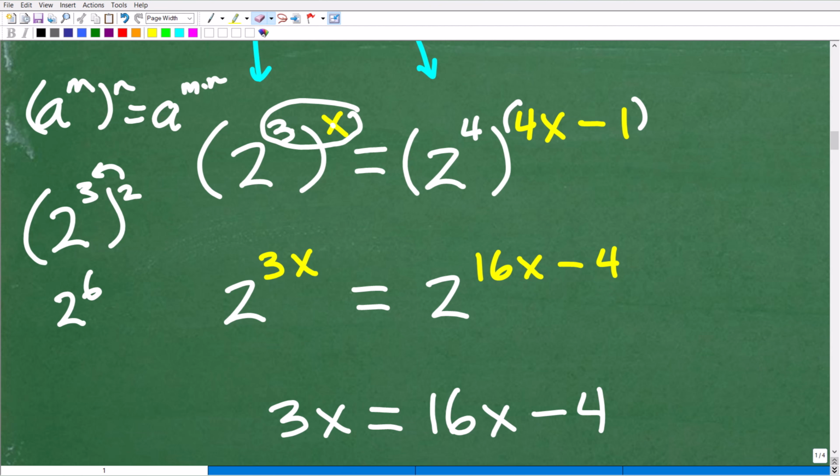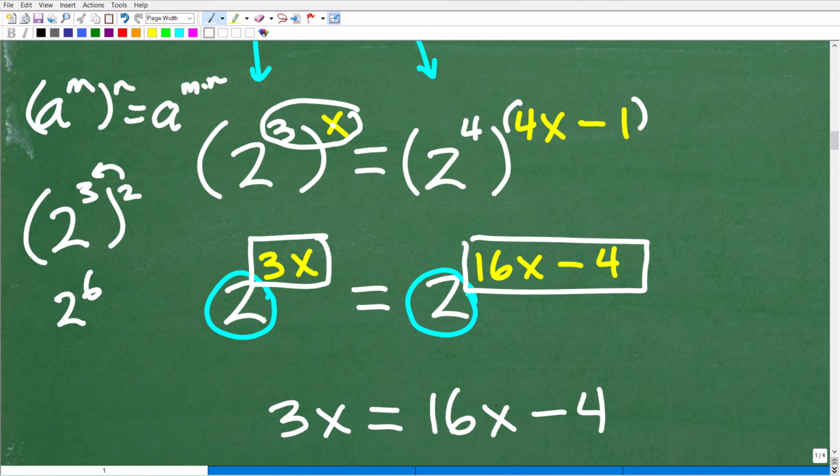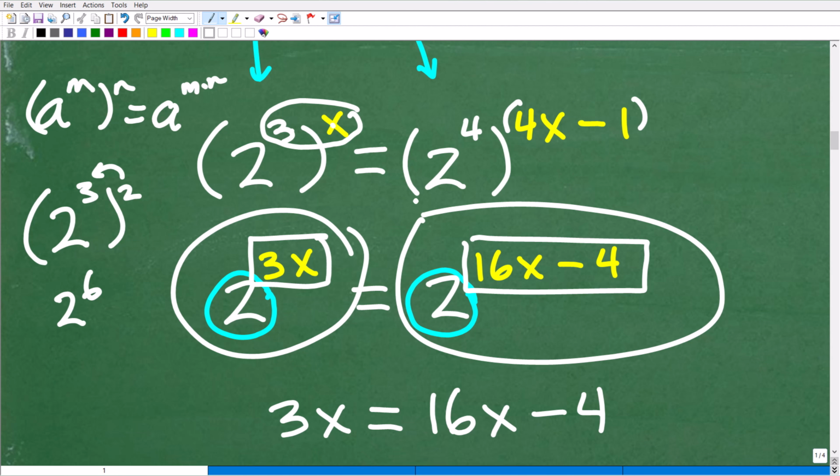Well, the key to unlocking this equation, solving this exponential equation, is if we can get the bases the same. Here they have the same base of 2, so we can equate the exponents. We have 2 to some power is equal to 2 to some other power. If they're equal to one another, in other words, the value of this is the same thing as the value of this, well, the exponents must be the same.